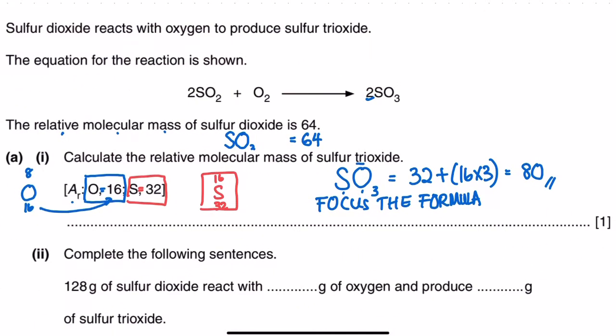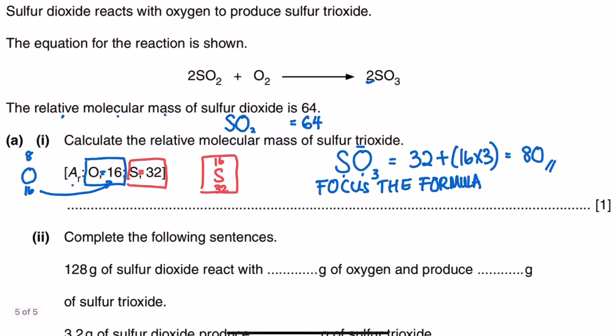Next, part 2. Complete the following sentences. 128 gram of sulfur dioxide reacts with blank gram of oxygen. So we must pair them up in a ratio. We take the 2 things, sulfur dioxide and the oxygen. So we use a space here.